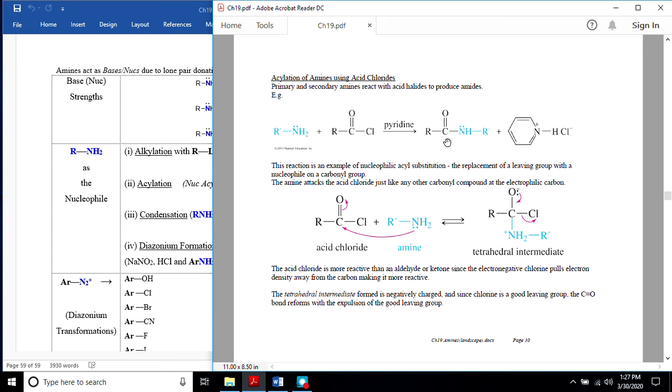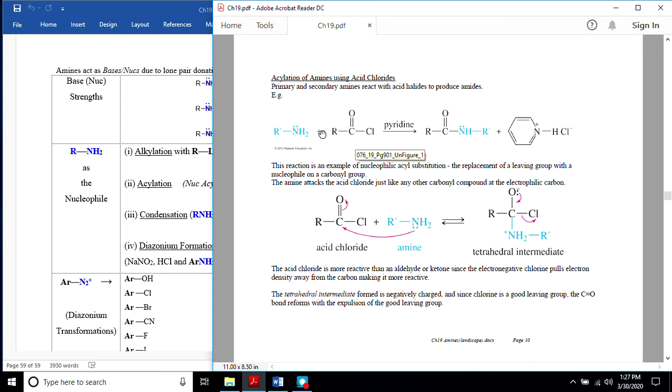So this has the advantage that the product is not as nucleophilic as the starting material. So this is sp3 hybridized nitrogen with no resonance. This is a resonance stabilized nitrogen, and therefore this is going to be less basic and less nucleophilic than our starting amine. So this means we're not going to have overreaction complicating things in this case.